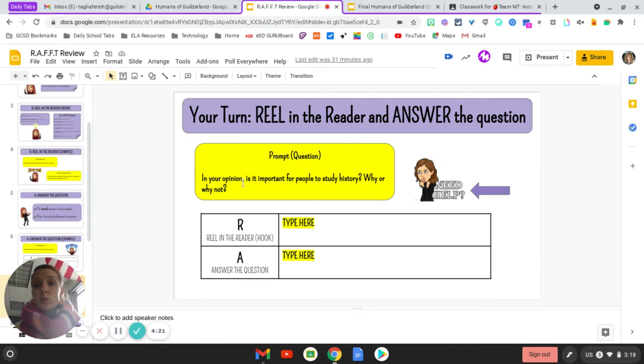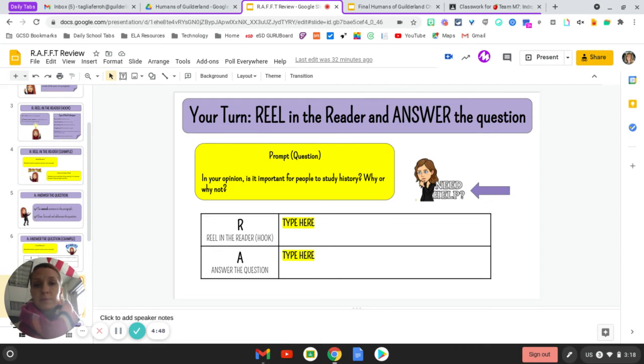The first: in your opinion, is it important for people to study history? Why or why not? Here, you're going to give me a hook sentence about studying history and learning about history. And then here, you're going to say yes, it is important for people to study history, or no, it is not important for people to study history.